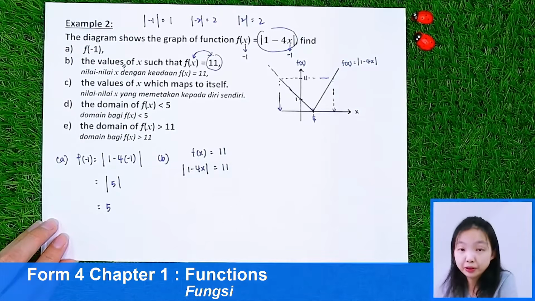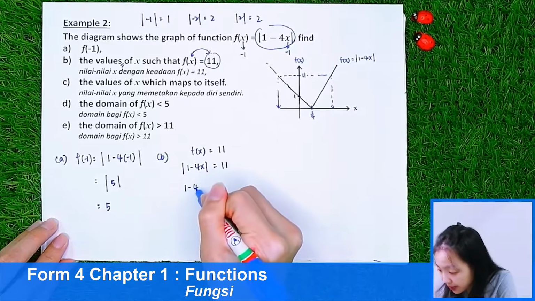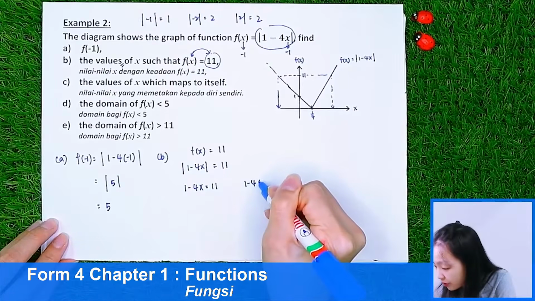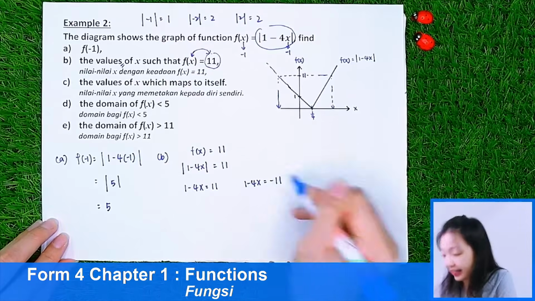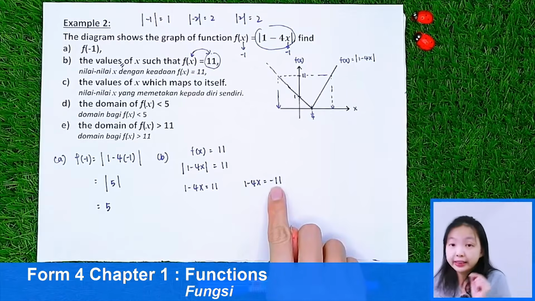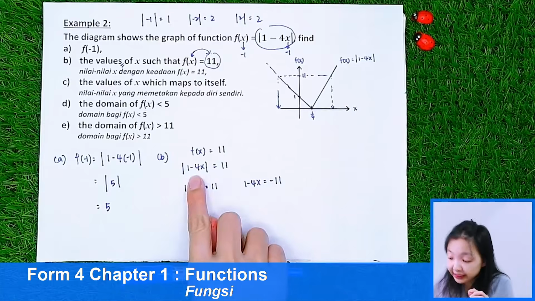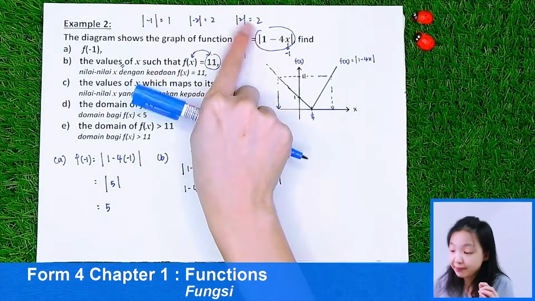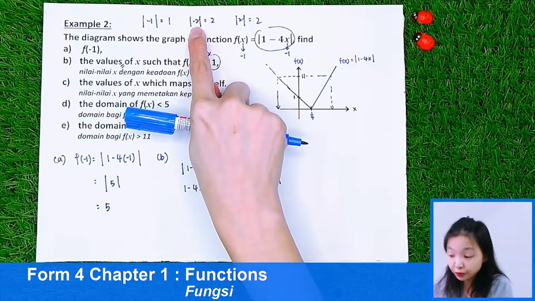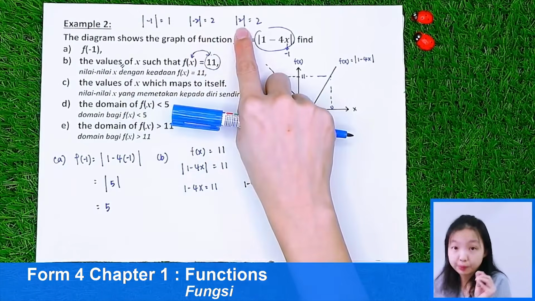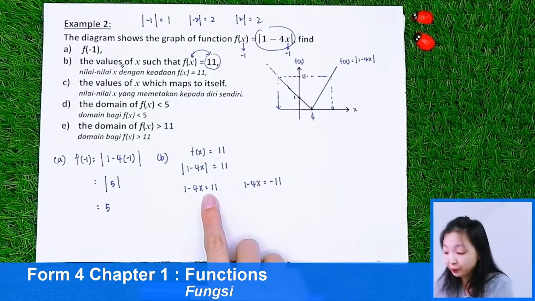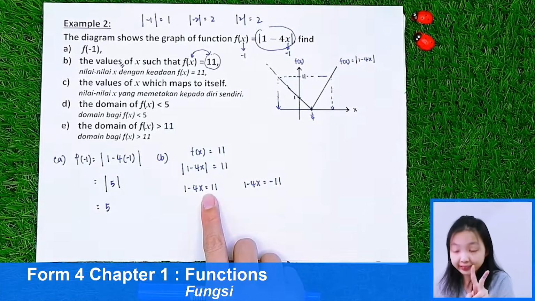Since this is modulus, we have 1 minus 4x equals 11, or 1 minus 4x equals negative 11. Because when negative 11 is inside the modulus, it will still become 11. If inside is negative 2, it's still 2. If inside is positive 2, the answer is still 2. That's why we get 2 possible answers, okay?